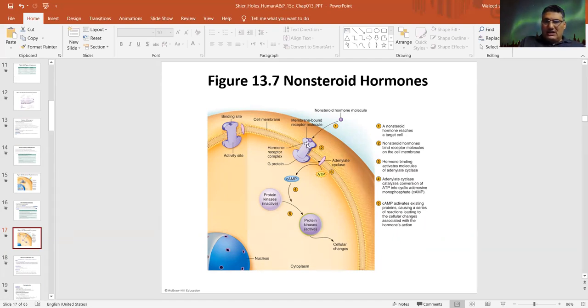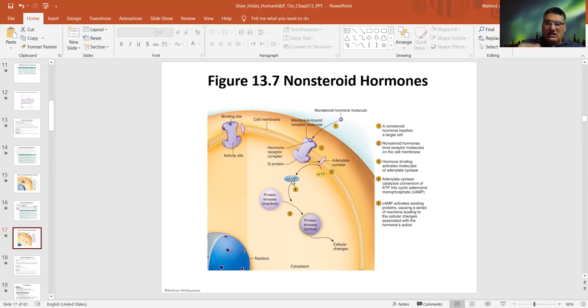The first one is the receptor itself, which is on the cell membrane. And then the second one is, because of this binding, you're going to activate the G protein that's going to activate an enzyme called adenyl cyclase. Adenyl cyclase will convert ATP to cyclic AMP, and cyclic AMP is the second messenger.